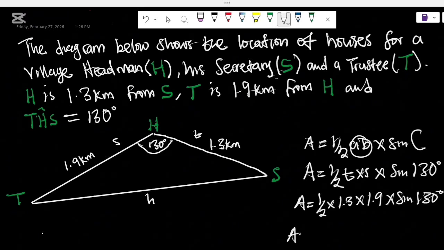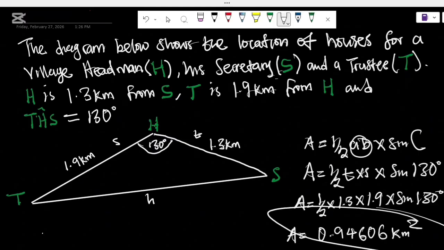So if you enter these values on the calculator, you are going to get 0.94606 kilometers squared. And so this is our area.